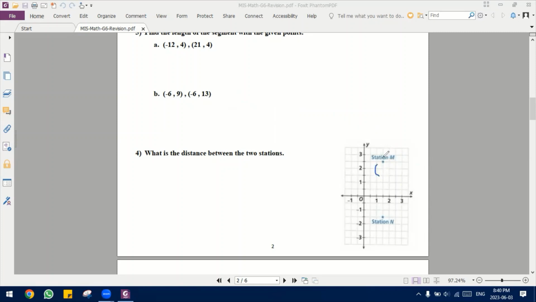For station M, the x value is between 1 and 2, so the x value is 1.5. The y value is between 2 and 3, which is 2.5. Now for station N, the x value is 1.5, but the y value is between minus 1 and minus 2, which is minus 1.5.